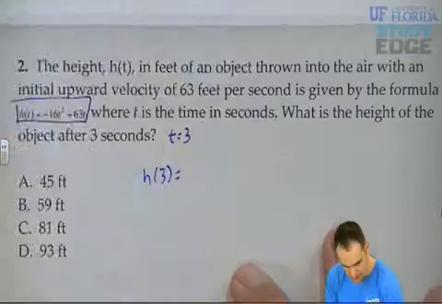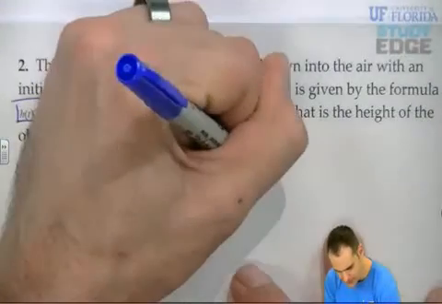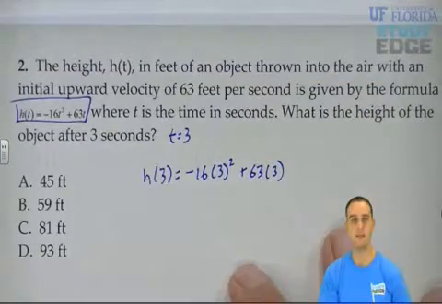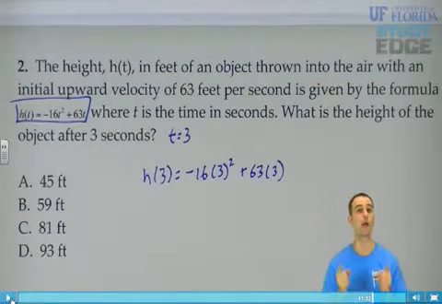H of 3 equals negative 16 times 3 squared plus 63 times 3. Order of operations: substitute, replace, plug and chug.